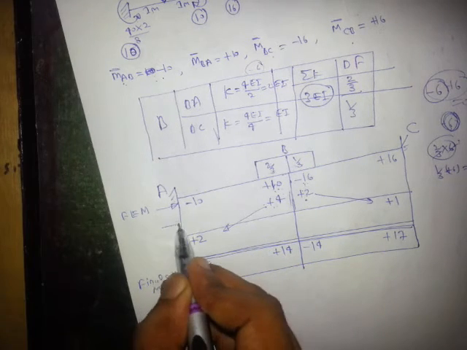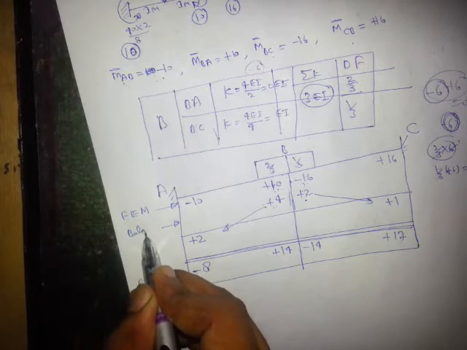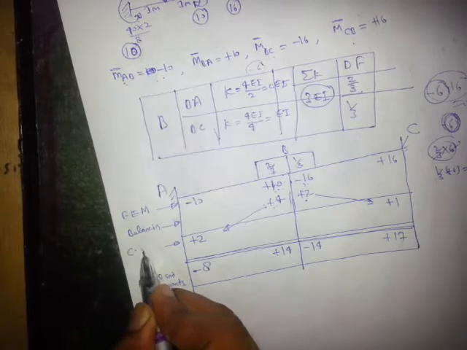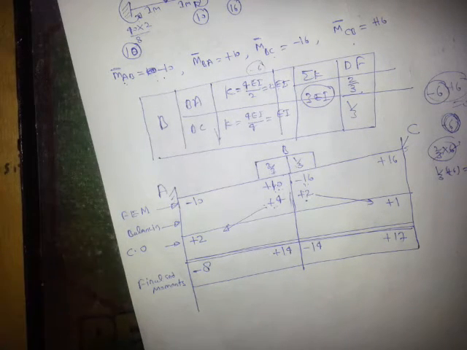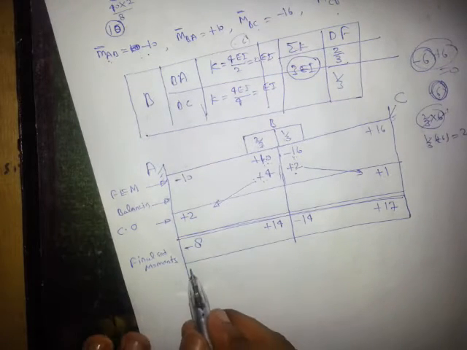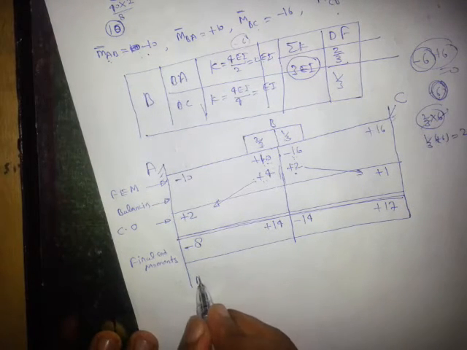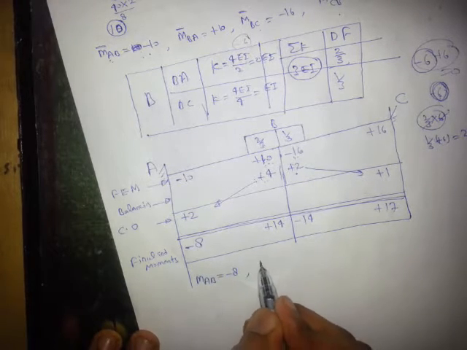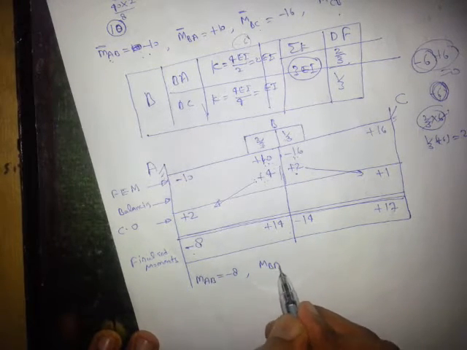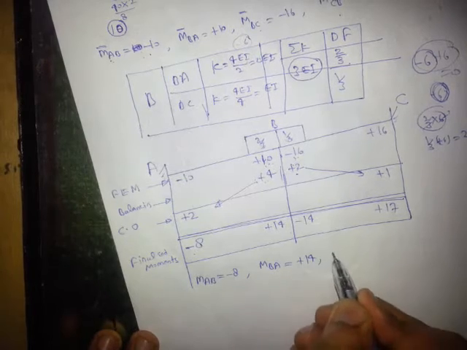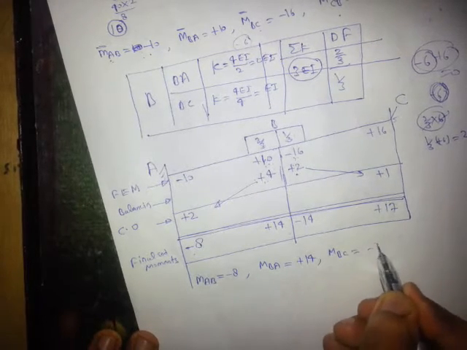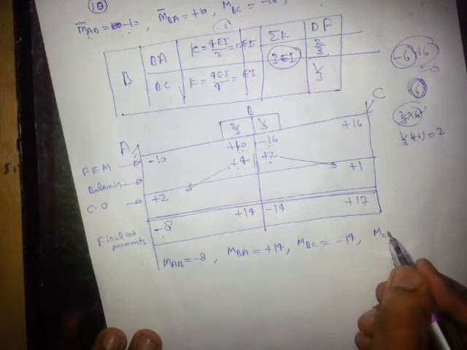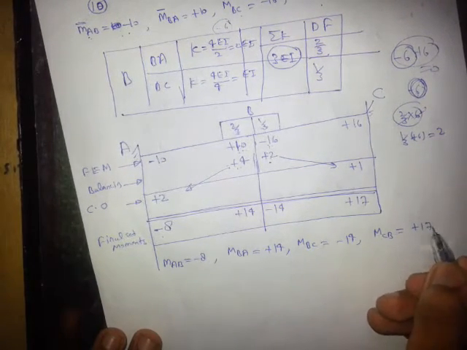This step is called balancing, and this step is called carryover. You can write or no need to write, right? So final end moments: MAB is minus 8, MBA is plus 14, MBC is minus 14, MCB is plus 17.